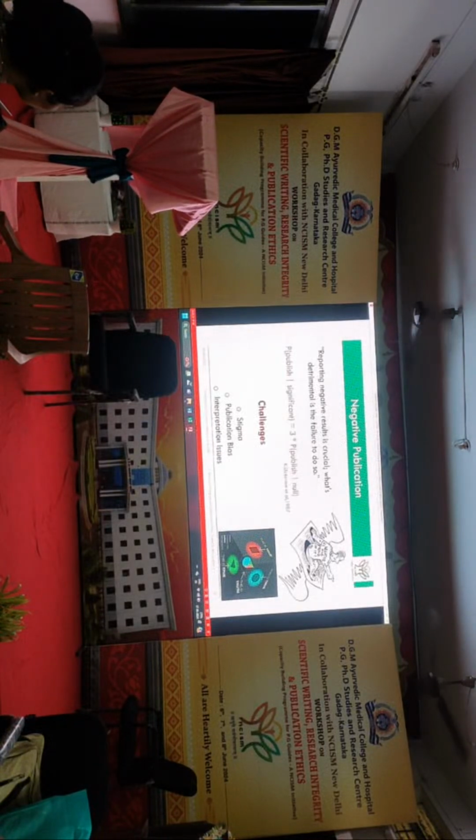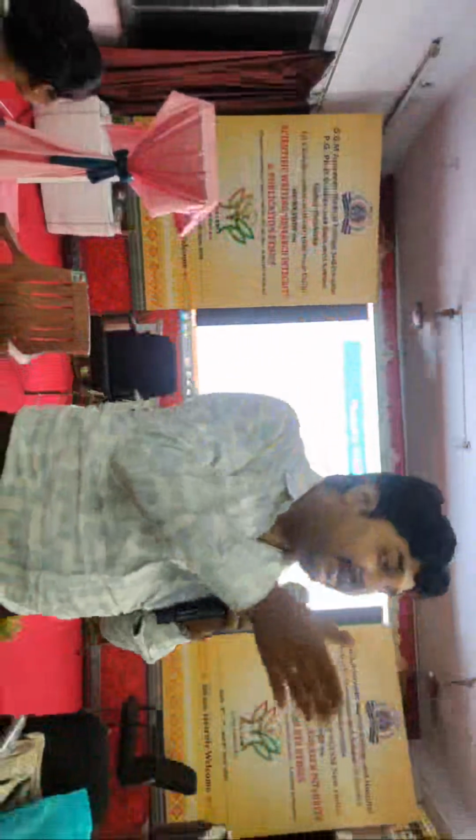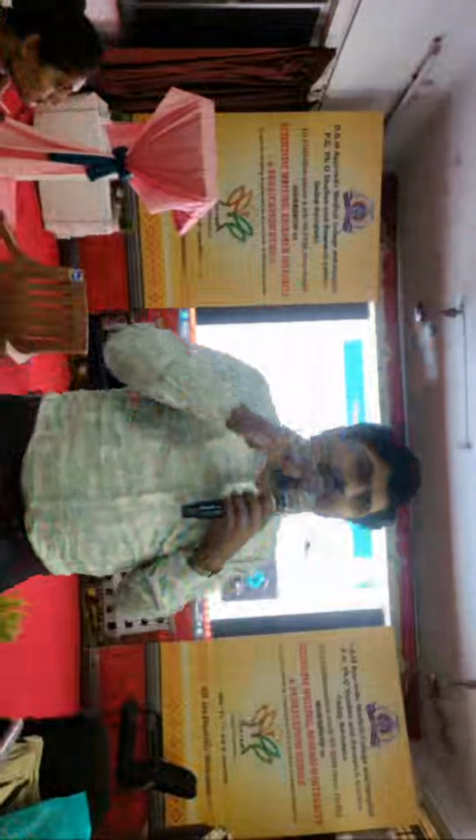Okay, so do you know there is one very famous example of negative publication which changed the total pattern of TB treatment, and DOTS therapy came into the role. Do you know that the experiment was carried out in Chennai only? So what they did, they made 3 groups.